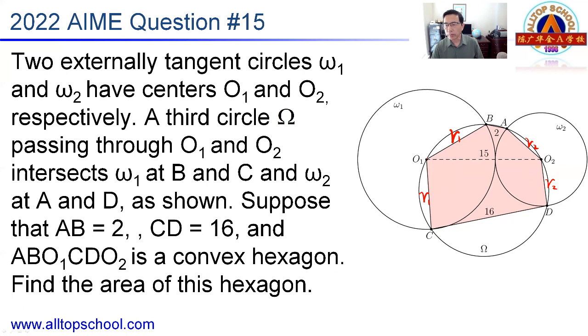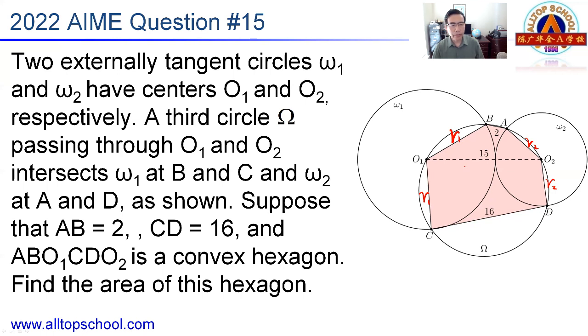So for the connecting line segment between O1 and O2, you can put a perpendicular bisector and reflect these two points, A and B, to the left-hand side, because this is a larger circle anyway.